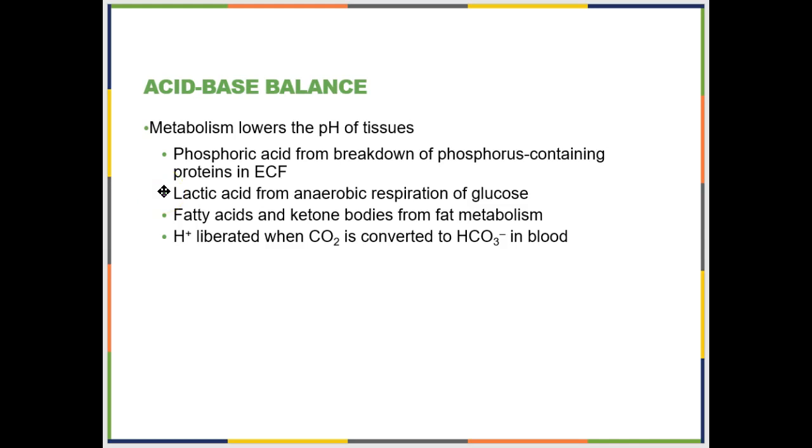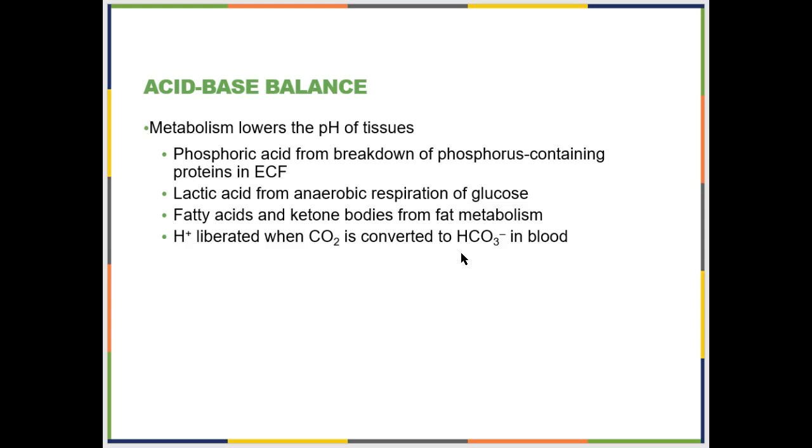When you go anaerobic, that's going to decrease your blood pH. You already know that if you have higher amounts of CO2 dissolved into the plasma, that's going to get converted into carbonic acid. So this really should say H2CO3, but it doesn't matter. Carbonic acid from CO2 is going to lower your blood pH.